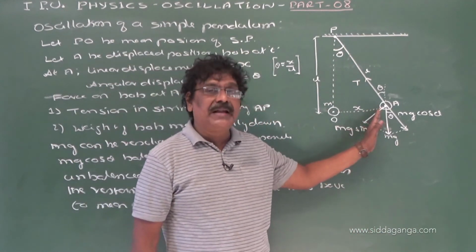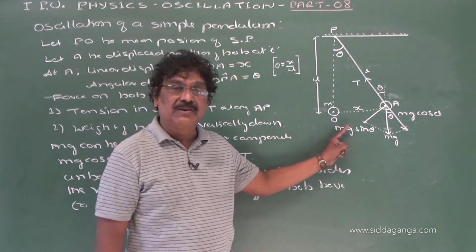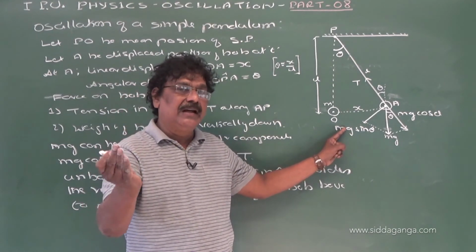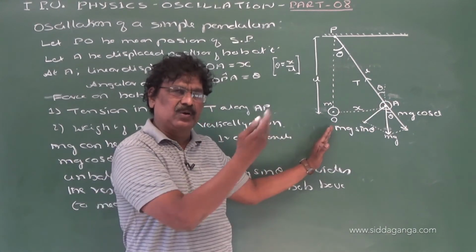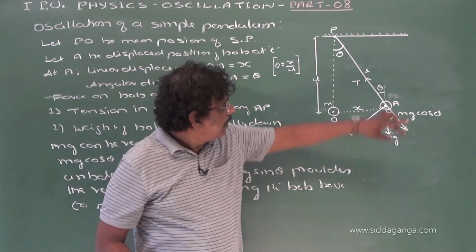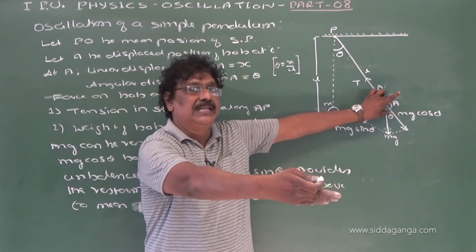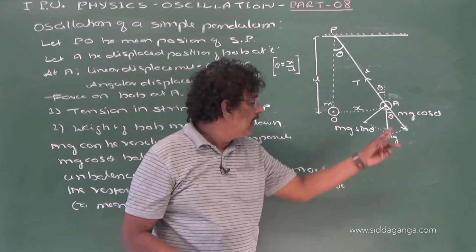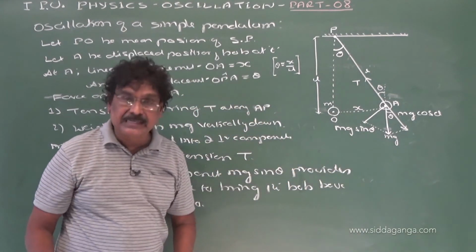There is no component towards the positive x direction. There is only one component, the magnitude of the weight in the negative x direction, say, along this direction, which I have taken towards left. It is mg sin theta, and it is not at all balanced. While I hold it, mg sin theta is balanced by the displacing force. When I leave it, this becomes unbalanced and tries to move the bob to its mean position. Is it correct? Right.